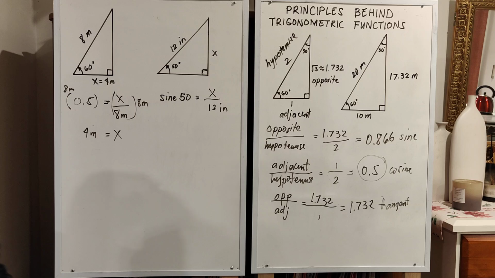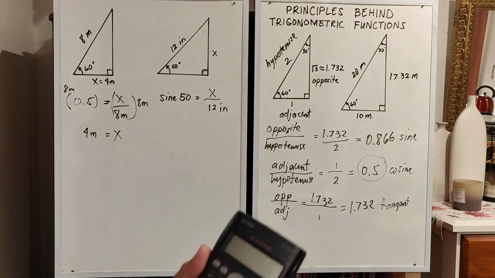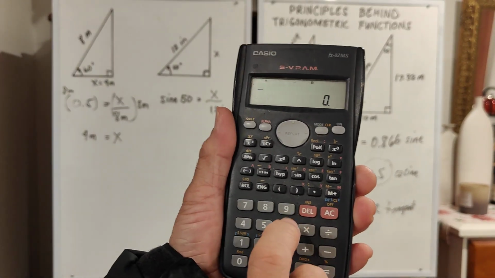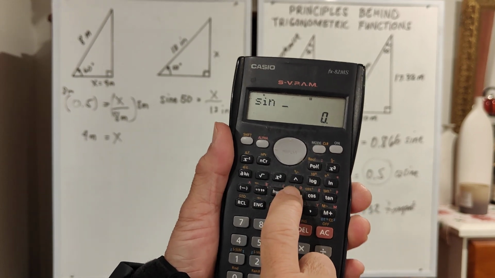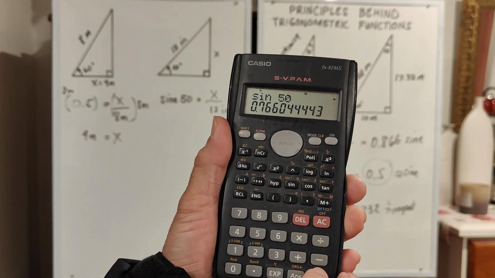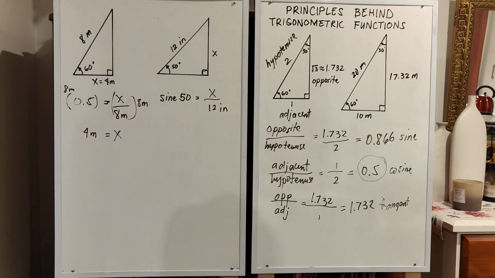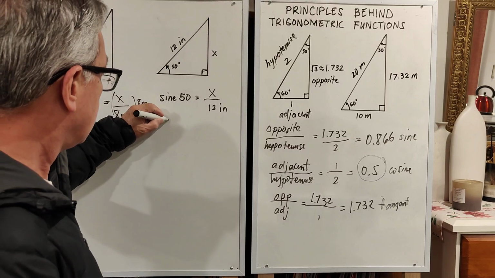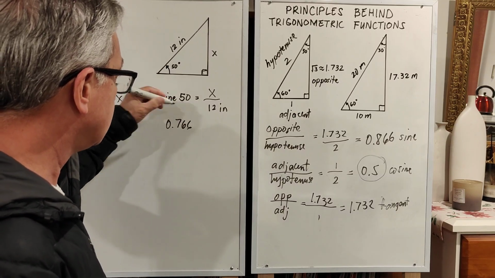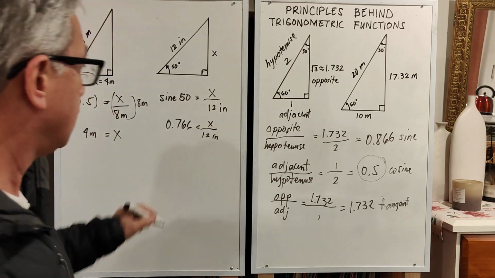Now, if we get a calculator, we can get the ratio of sine 50 degrees. Sine of 50 degrees is equal to 0.766 something. So we can write in here 0.766 is equal to x over 12 inches.